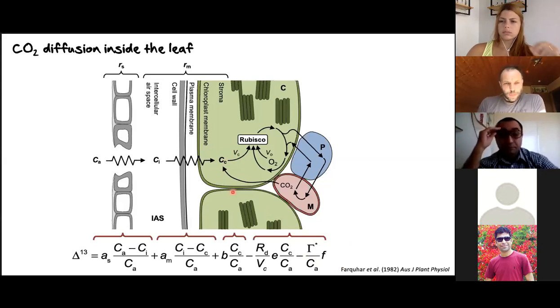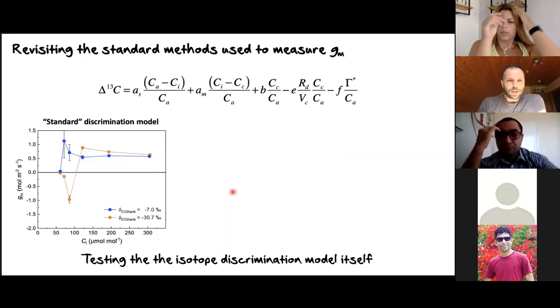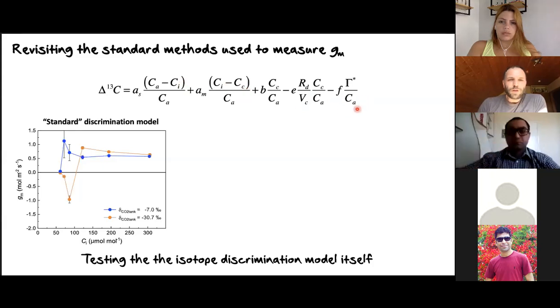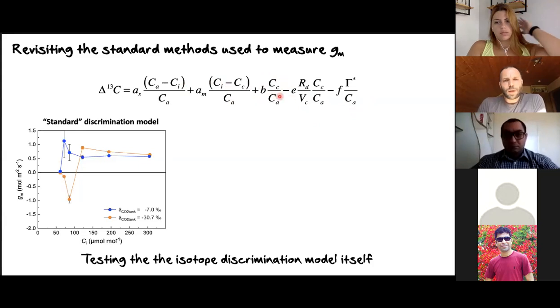And a couple of years ago, I started playing around with this a bit, and I realized that there might be an issue with that. If we have our equation here, all these parameters we can measure, or we need to assume somehow, except for the CC, so then we can solve for CC.